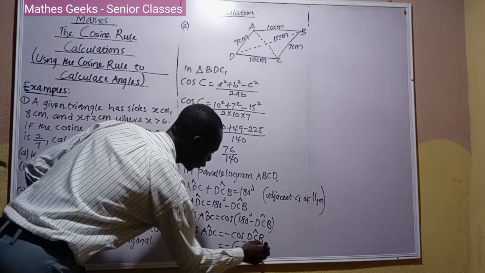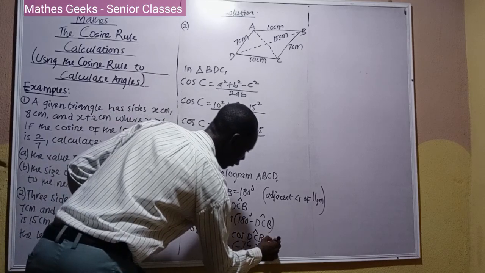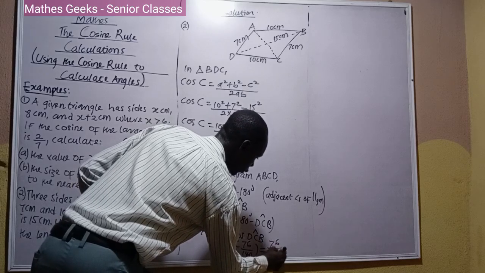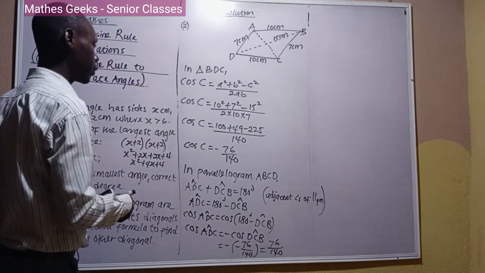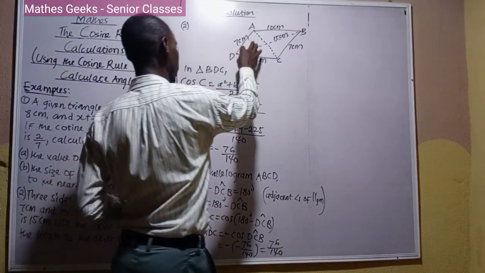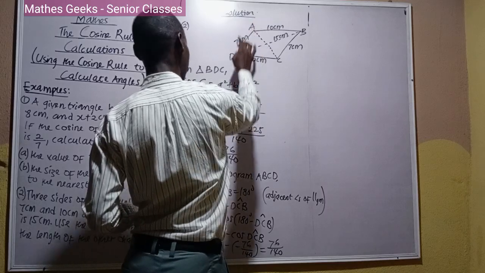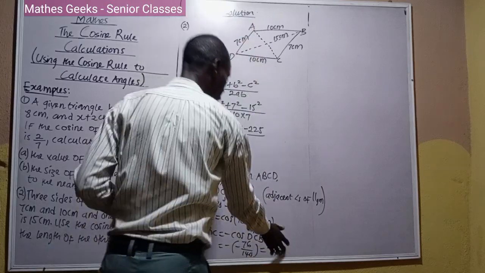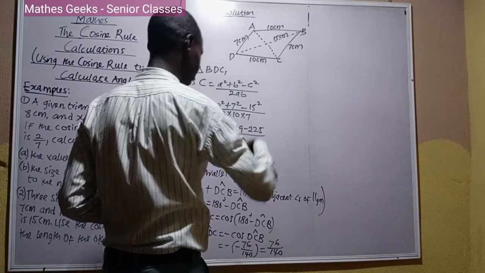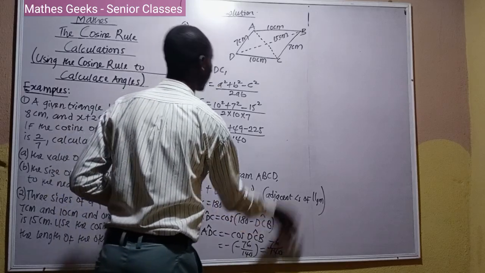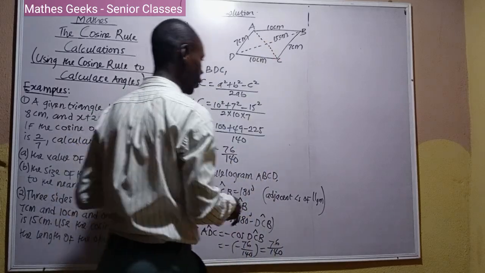So minus times minus will give us 76 over 140. Remember, we don't need to get the exact angle. We leave it in this form because it makes our calculation easier.